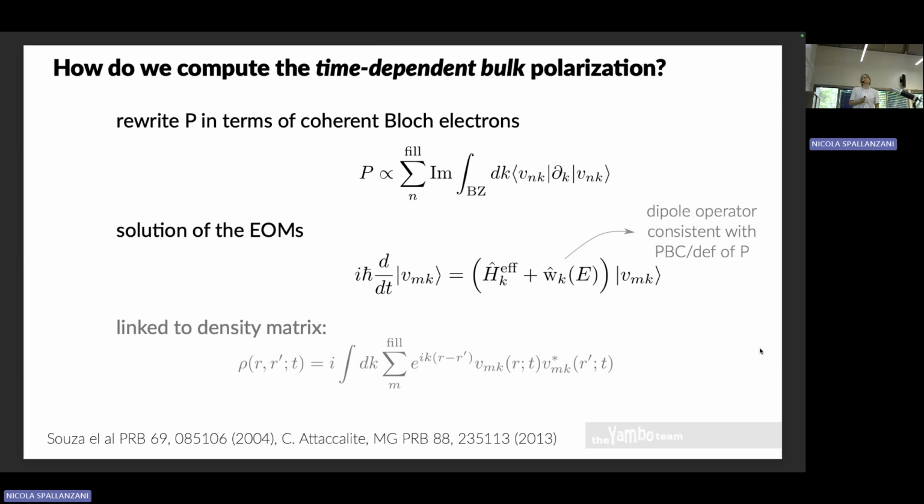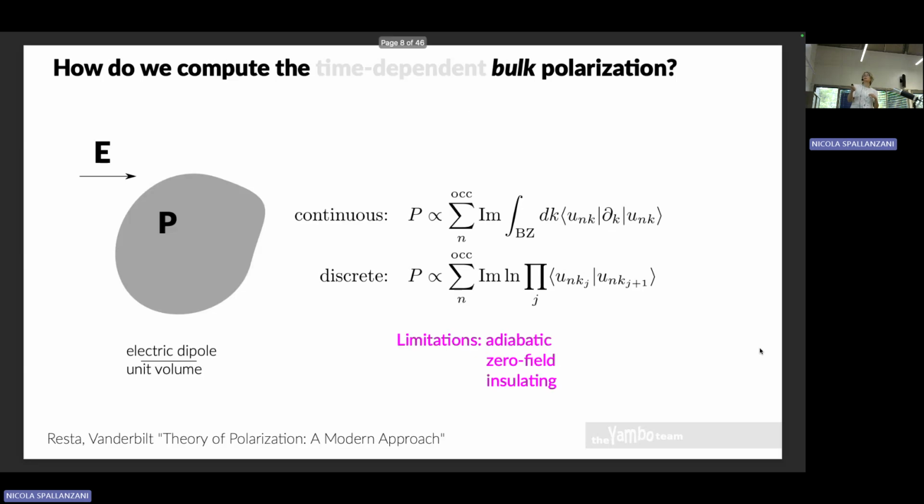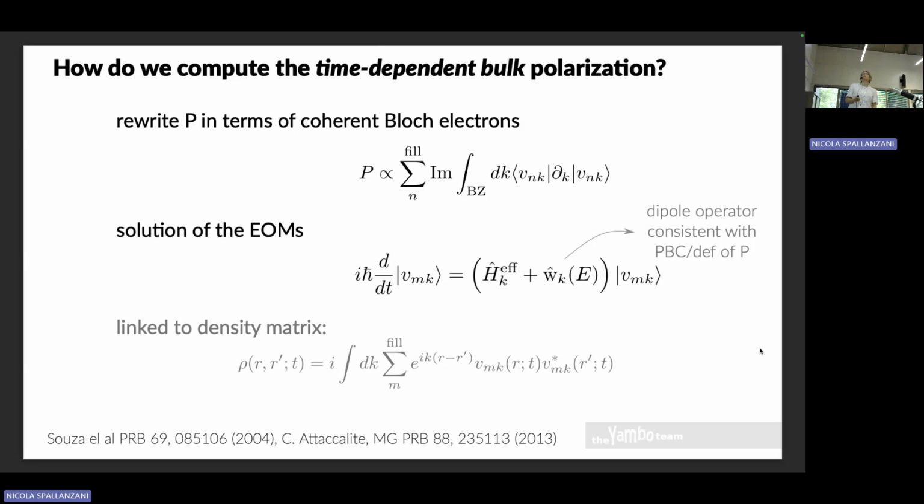Basically, they use the fact that the polarization is the integral of the current, and they show that if they use this expression, you see it's the analogue of this one, but rather than the equilibrium Bloch states, we have some coherent Bloch states that come from the solution of this Schrödinger-like equation of motion for each state.